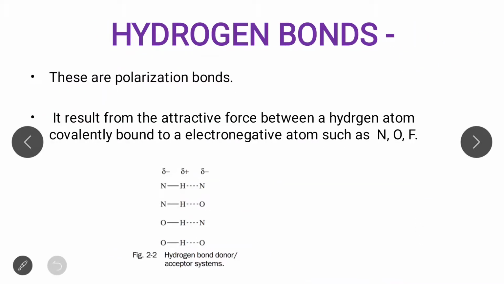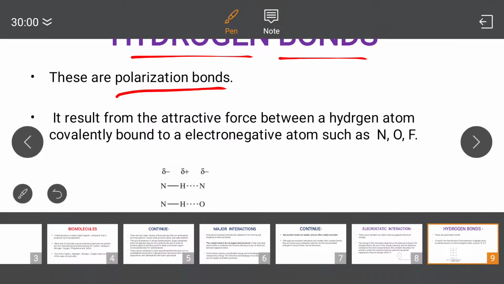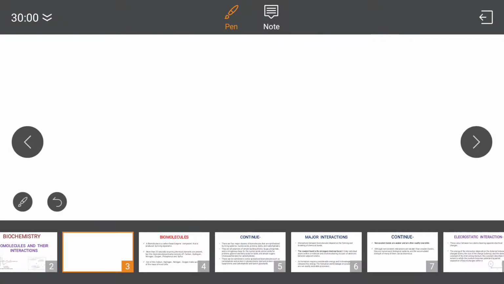Now, the second type of interaction is hydrogen bond. As the name suggests, hydrogen bond. Remember one point: it occurs on polarized molecules, those molecules which are polar in nature.